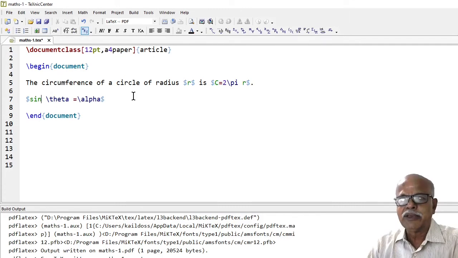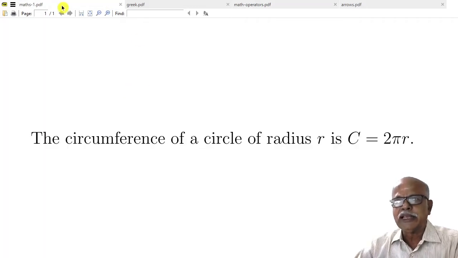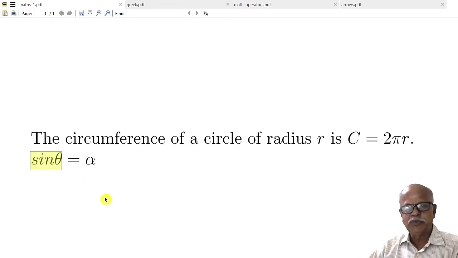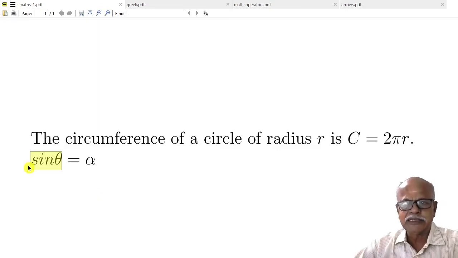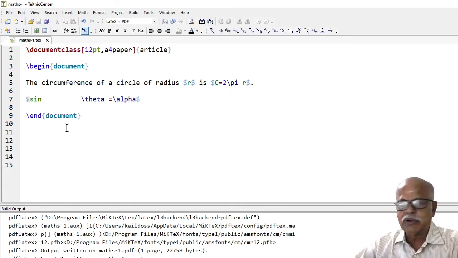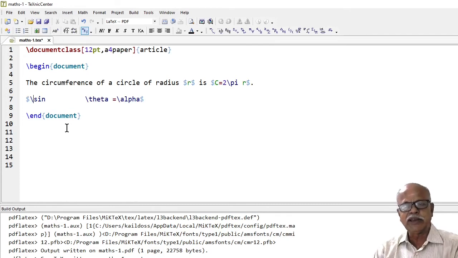Let us say we have given here so much space, doesn't matter. In the output, what you will find on the left hand side is a product of four variables s, i, n and theta, because sine is not available in the output as a mathematical operator. Remember to put a backslash. On compilation you will get it all right.